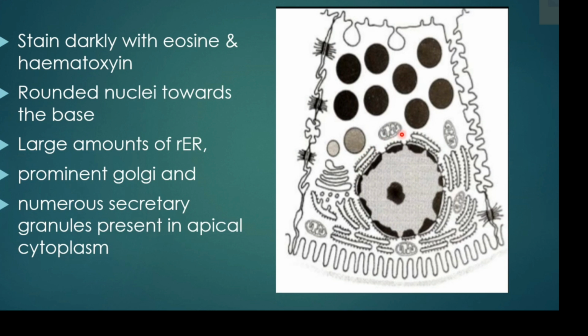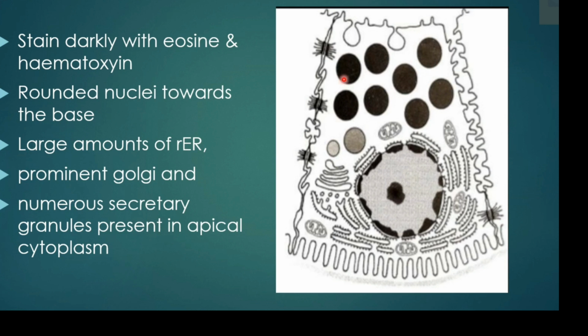You can see this is the basally located rounded nucleus. A large number of rough endoplasmic reticulum is present over here. In addition to this rough endoplasmic reticulum, there is a well developed Golgi apparatus. Mitochondria are also present. So this RER along with the rounded nucleus give the basal portion of the serous cells a strong staining with the hematoxylin, that is strong basophilia.